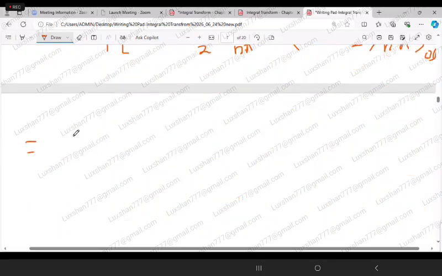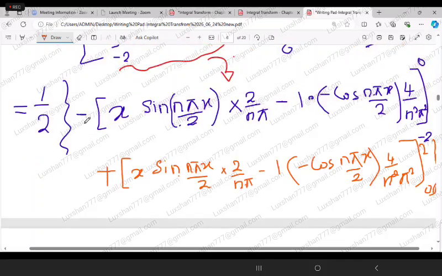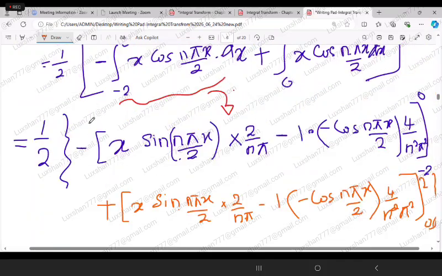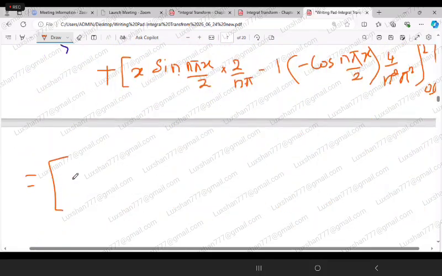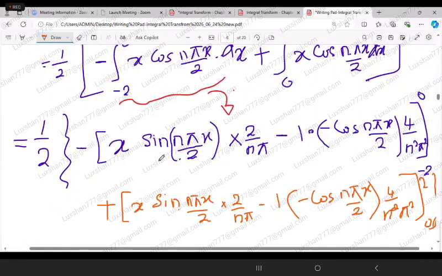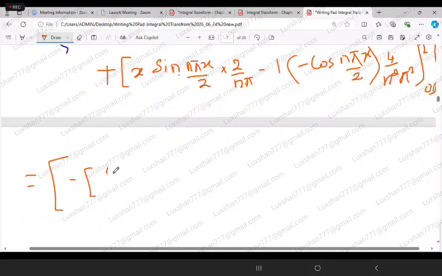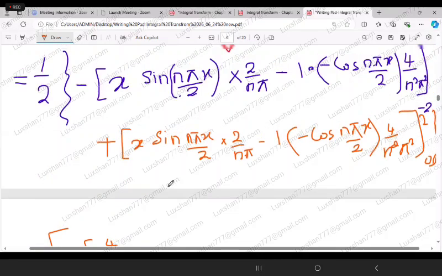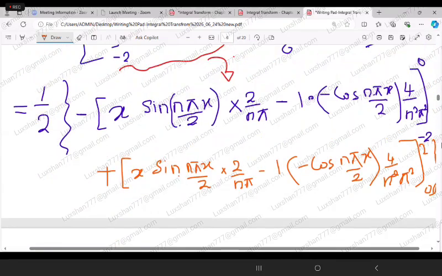Therefore, but already we have minus here, so I'm writing here minus. Now I am substituting x equals 0. Then this becomes 4 over n squared pi squared.